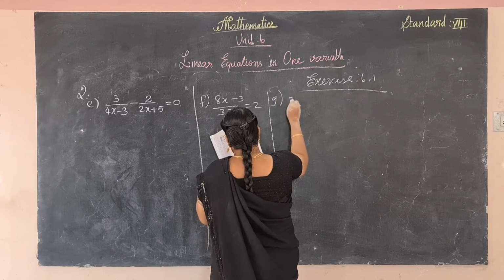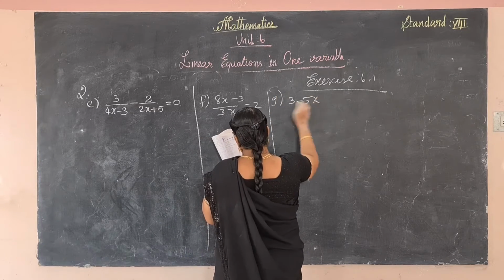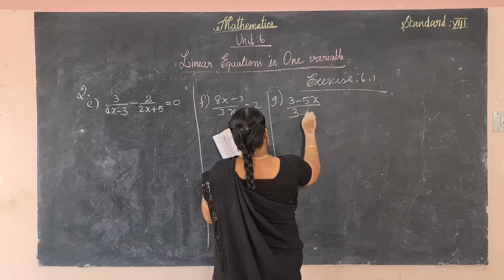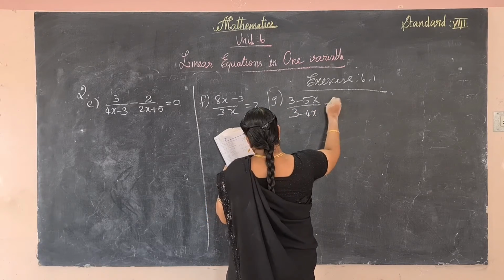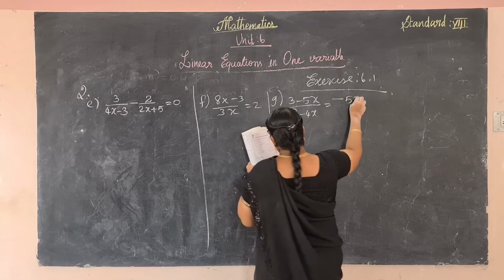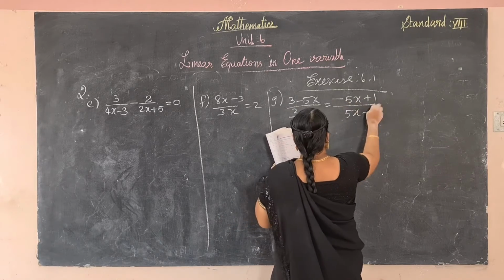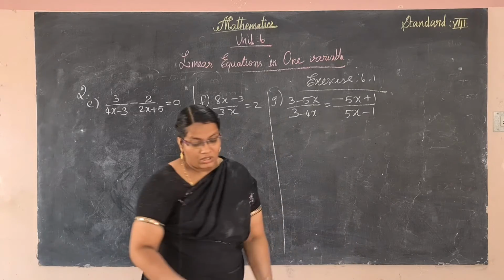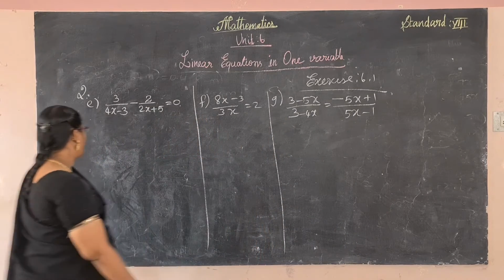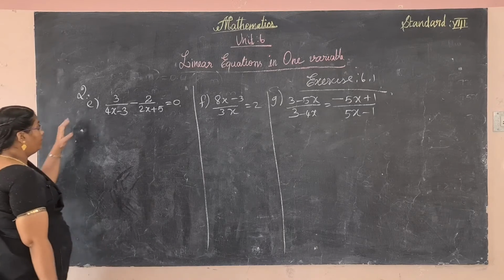And G: (3 minus 5x) by (3 minus 4x) equal to (minus 5x plus 1) by (5x minus 1). Okay, right. See the first A problem.